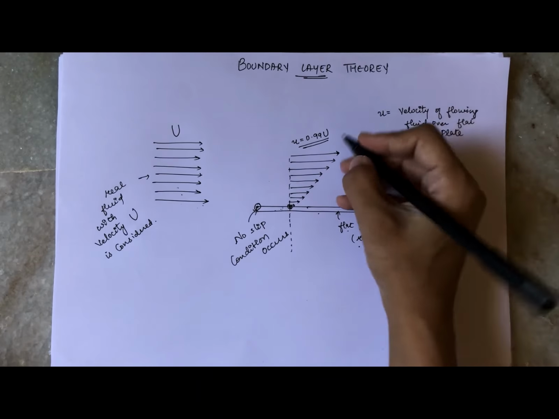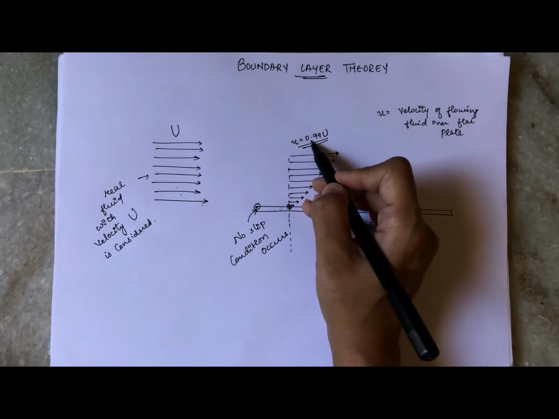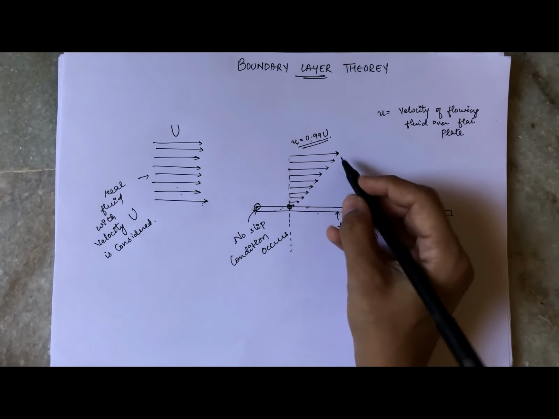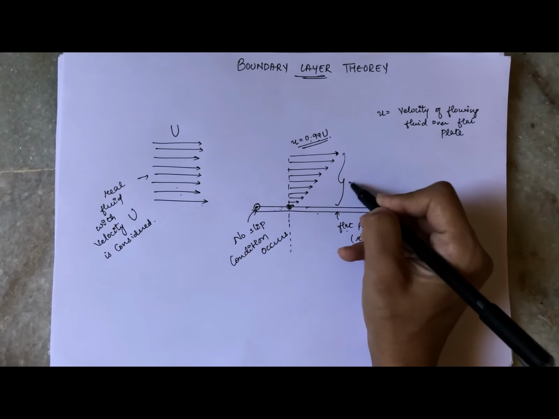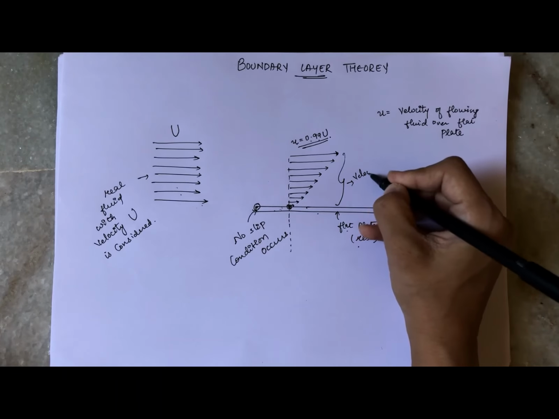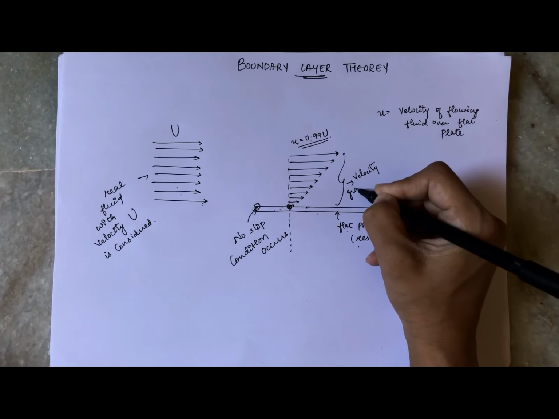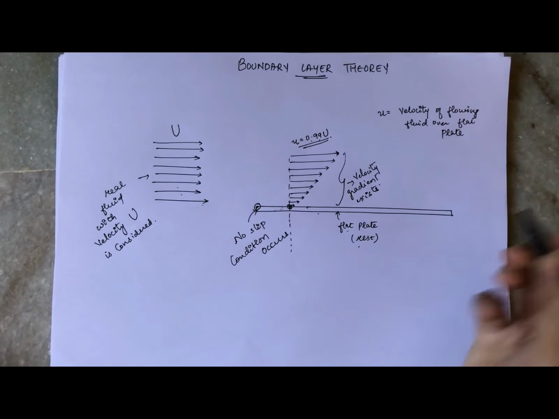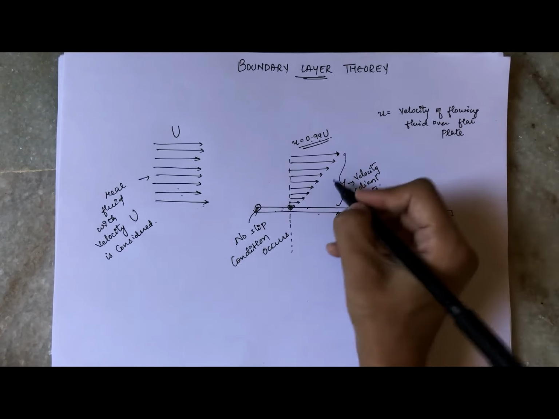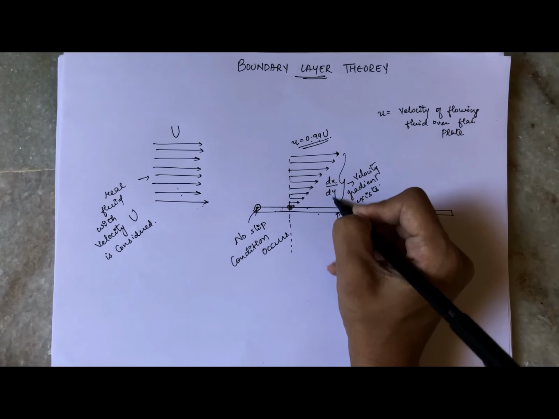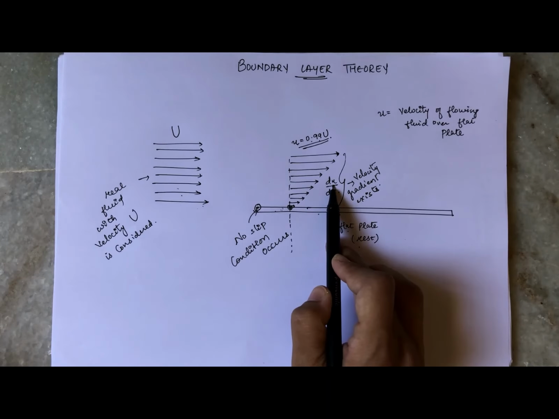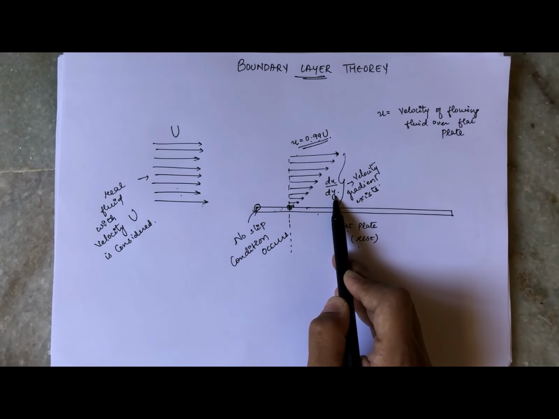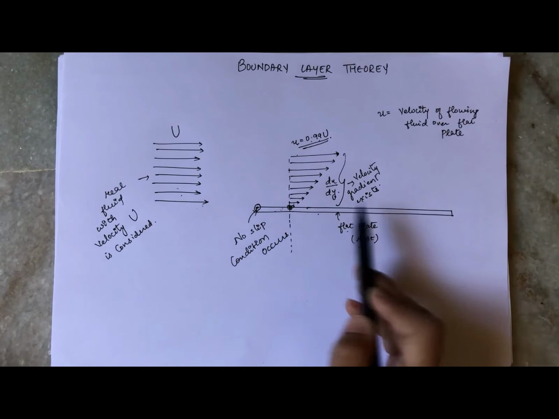As a result, in this region the velocity gradient exists, that is, du by dy exists, where du is the rate of change of velocity in y direction with respect to the rate of change of distance in x direction.